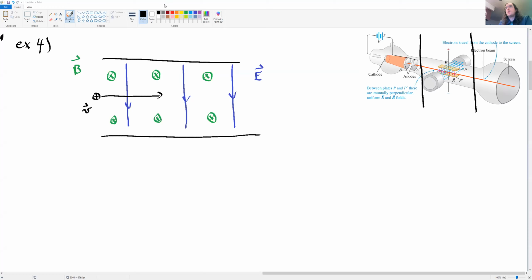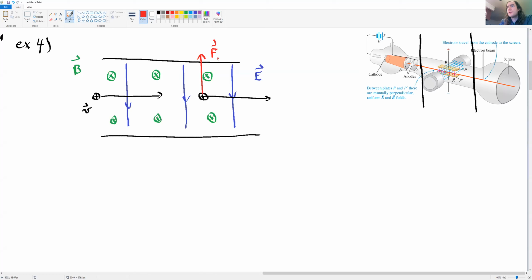Okay. So the force due to the magnetic field is actually up on this particle, right? So if the particle is over here, inside the magnetic field going this way, then it has a magnetic force on it in the upward direction.